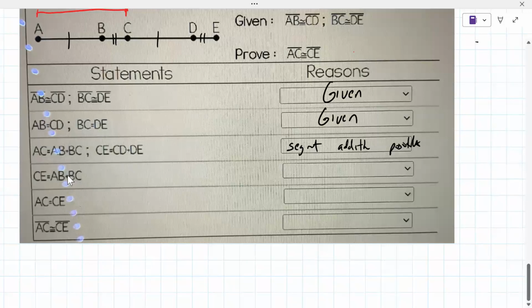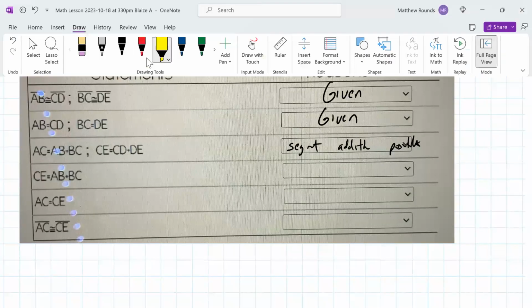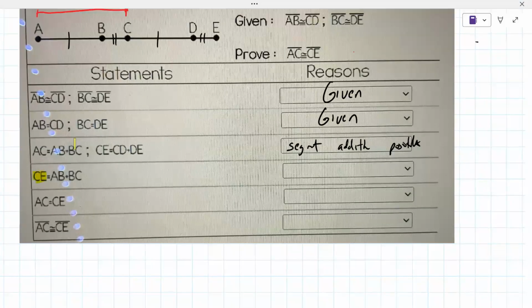All right, now the next line here is kind of confusing. It's like, where did this come from? Sometimes you have to figure out what's the same and what's different between lines. So CE is here, and it's AB plus BC.